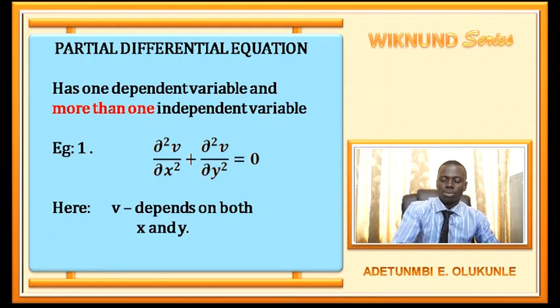For example, del 2v/del x squared plus del 2v/del y squared equals 0. So this means that the variable v depends on both x and y.